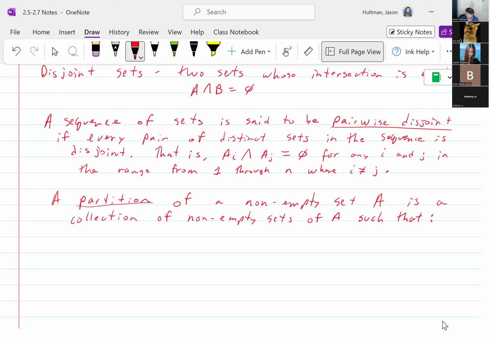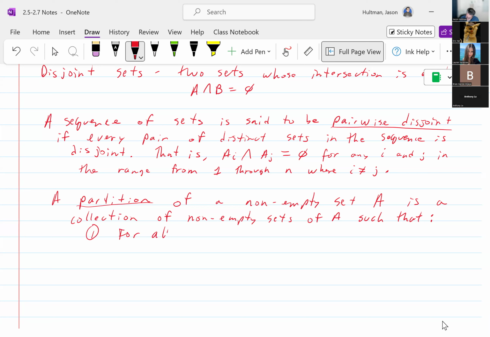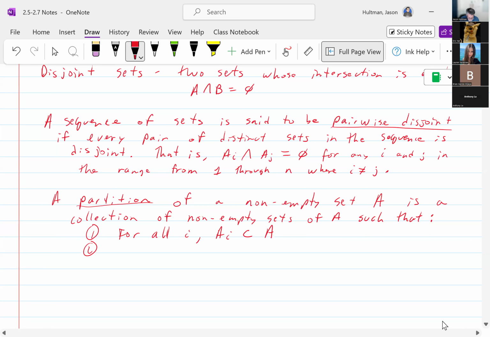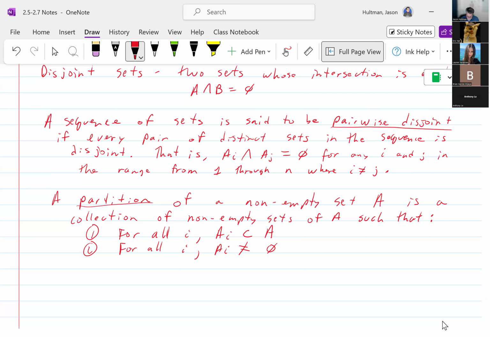The first condition is that for all i, A sub i is a subset of A. Two, for all i, A sub i is not equal to the empty set, the null set. It means there are no empty sets.